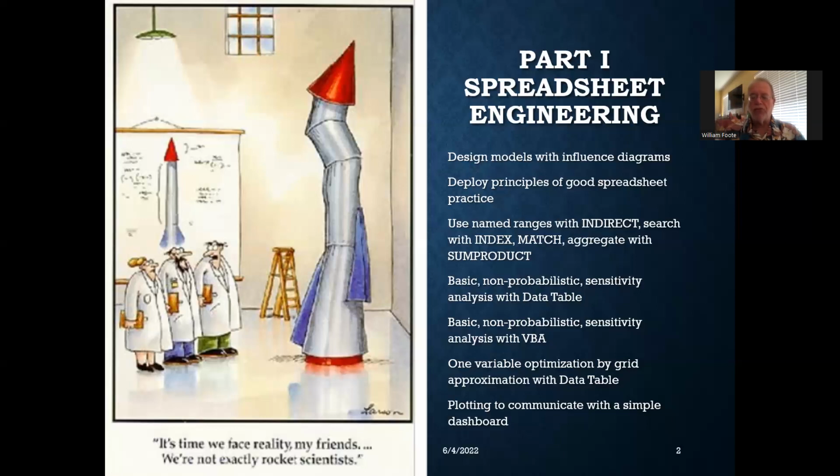We're also going to eventually use something called indirect, where we can put the name of a range in a cell, choose it, and then all the formulas would say, go to the named range in that cell.